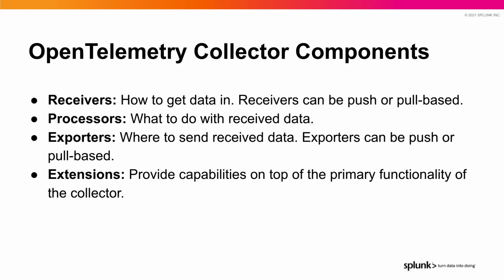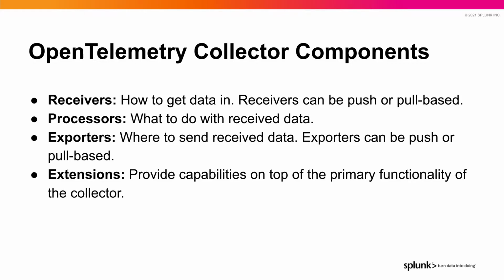Now, the OpenTelemetry collector includes several components that we have to be aware of when it comes to its configuration. Starting with receivers, which is how we get data in, and the receivers can be push or pull based. We also have processors, which is what we do with the received data. Here's where we'll interact by adding span tags, which we're going to talk about also.